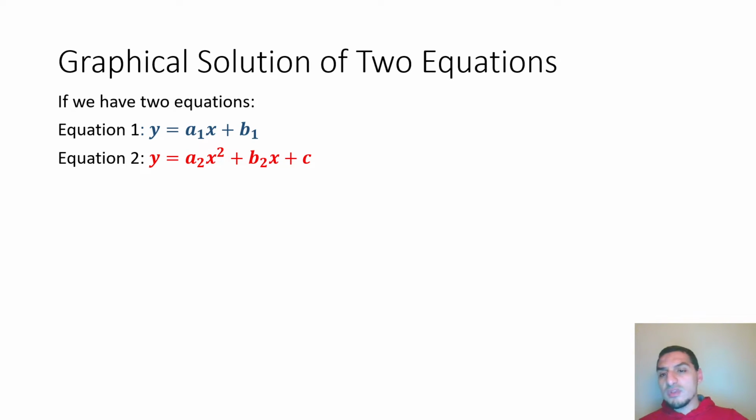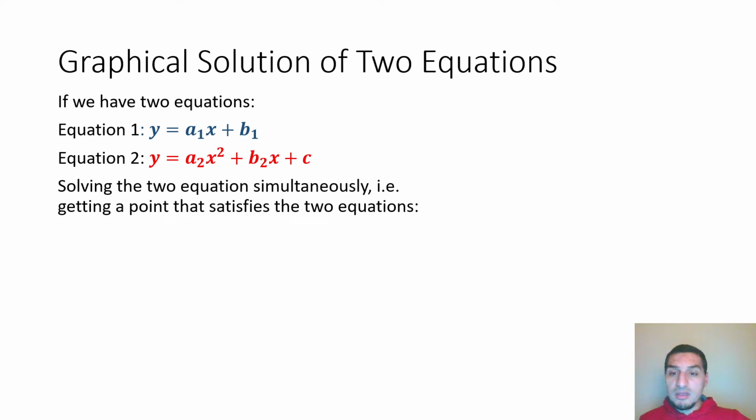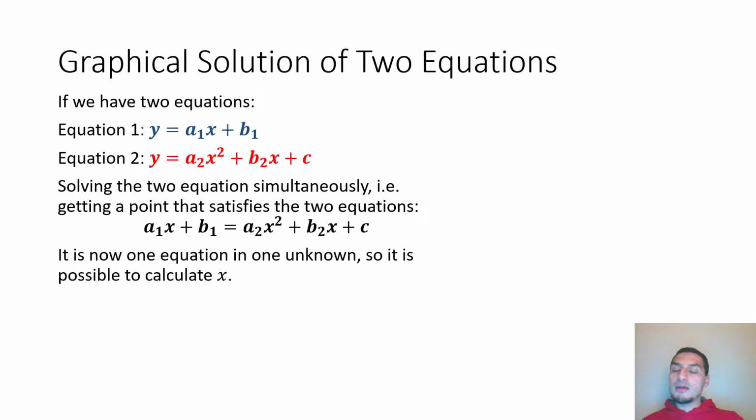The easiest and most logical way of solving this is mathematically, simultaneously, by putting these two equations equal to each other. So I say a1x plus b1 equals a2x squared plus b2x plus c. This is a second order polynomial equation, and it's one equation in one variable, so I can solve it with any means.